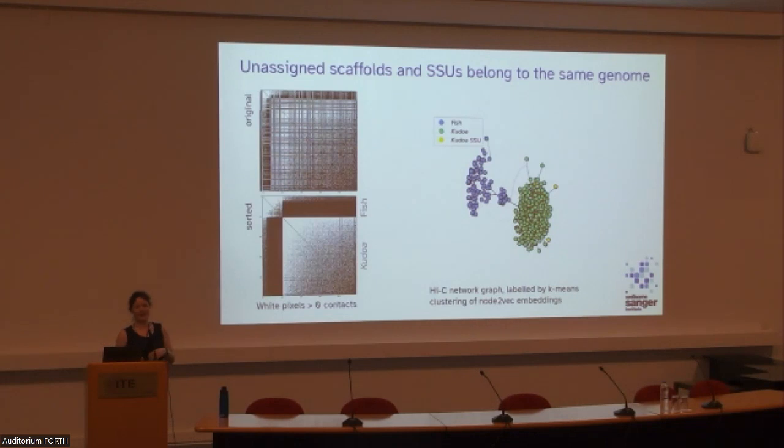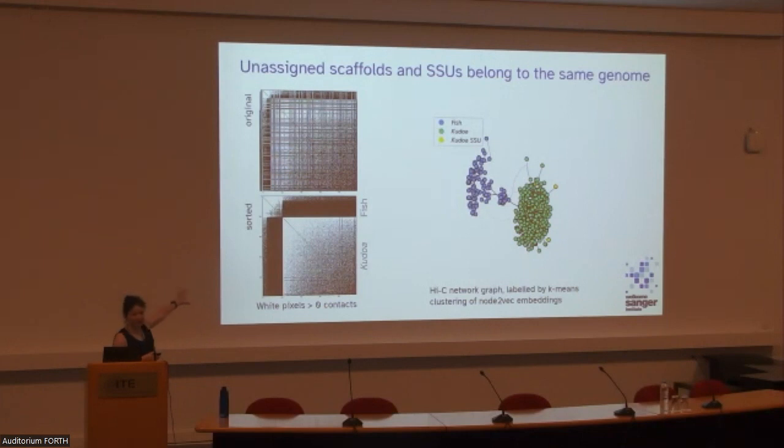So the figure at the top is what my adjacencies looked like before I tried to put them through the model. Anything that's shown in white indicates that there's at least one connection between that pair of scaffolds. And after this has been through node2vec and clustered with k-means, we can see there are two distinct components.